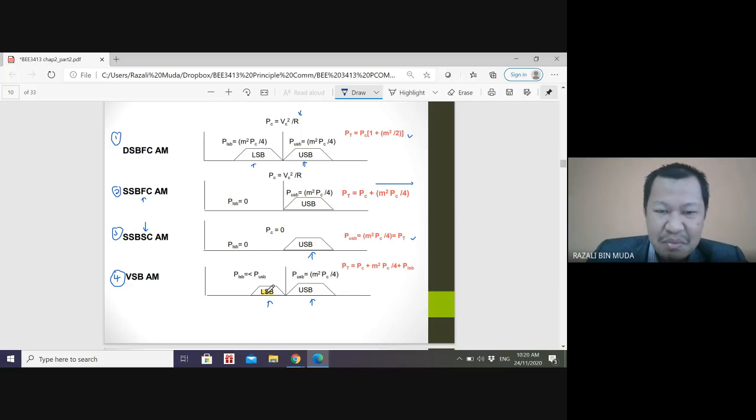For vestigial sideband, the lower sideband is less than the upper sideband, and they also have the carrier signal again.